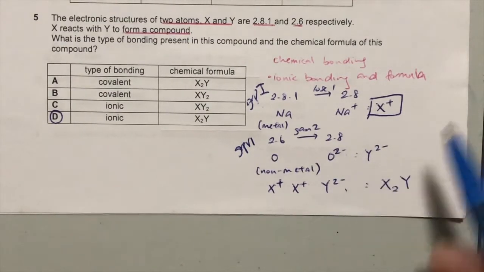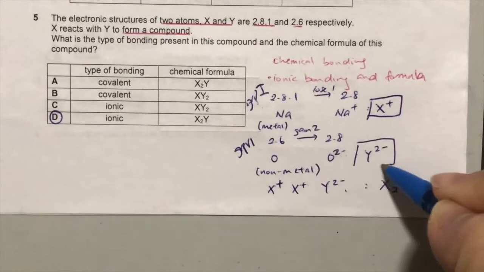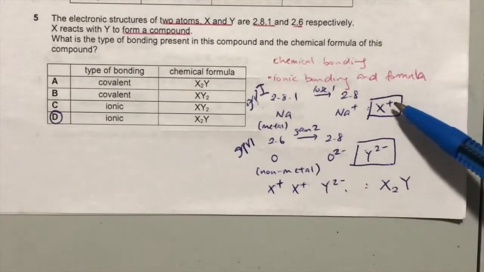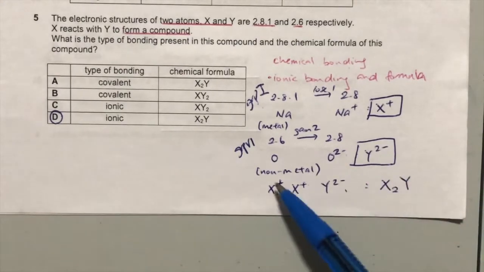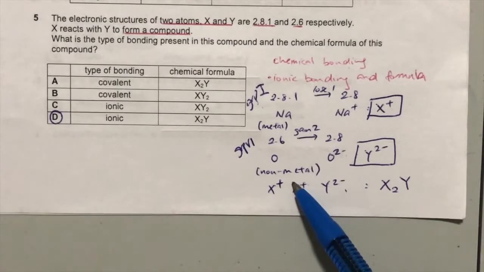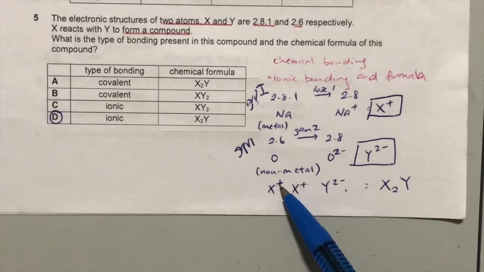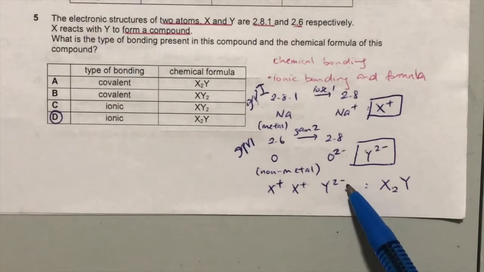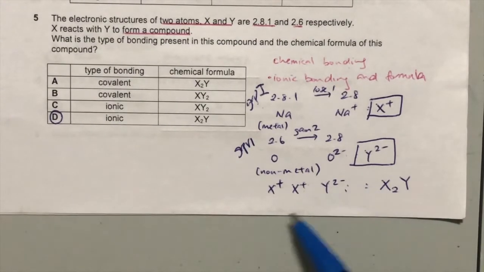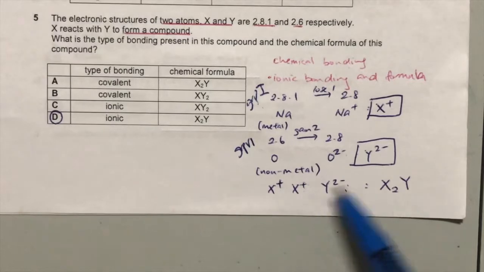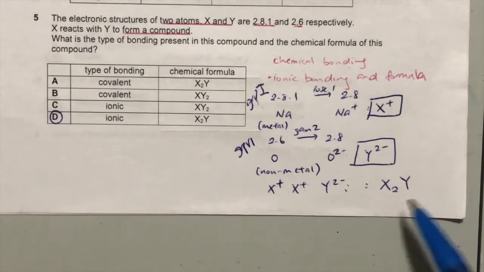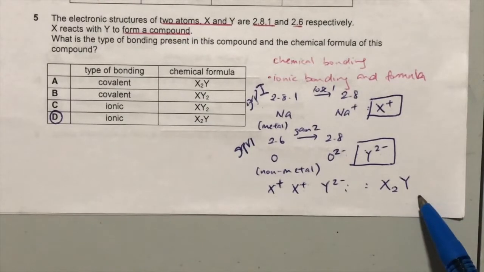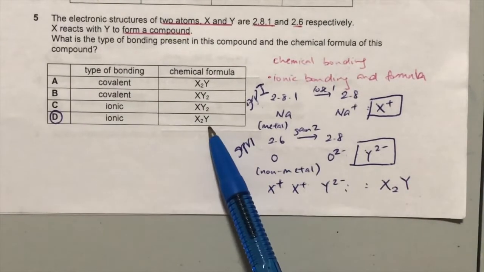And in this case, it's represented as Y, so it's Y2 minus. So if you have X plus and Y2 minus, how do you get the chemical formula? If you compare the charges, you need X plus and another X plus, so that my 2 plus will balance 2 minus, which means I need to have 2X. Therefore, my chemical formula is X2 and 1Y. So X2Y is the formula. Therefore, the answer is option D.